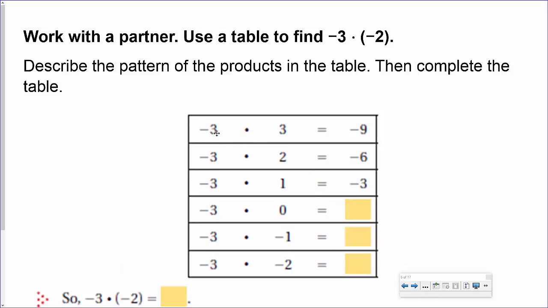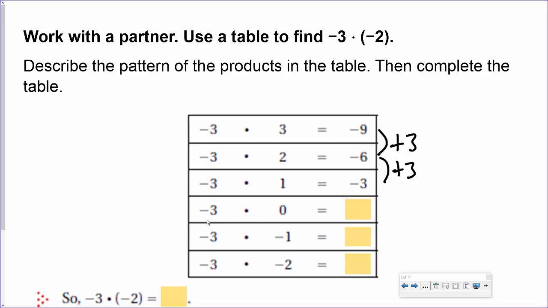So let's try the same thing, but this time let's see what this chart says. My groups are all the same, they're all negative 3, but my size is getting smaller. So I have negative 3 groups of 3 things, and that's how I get negative 9. And then I have negative 6, and then negative 3. So every time, this one seems to be going up by 3.